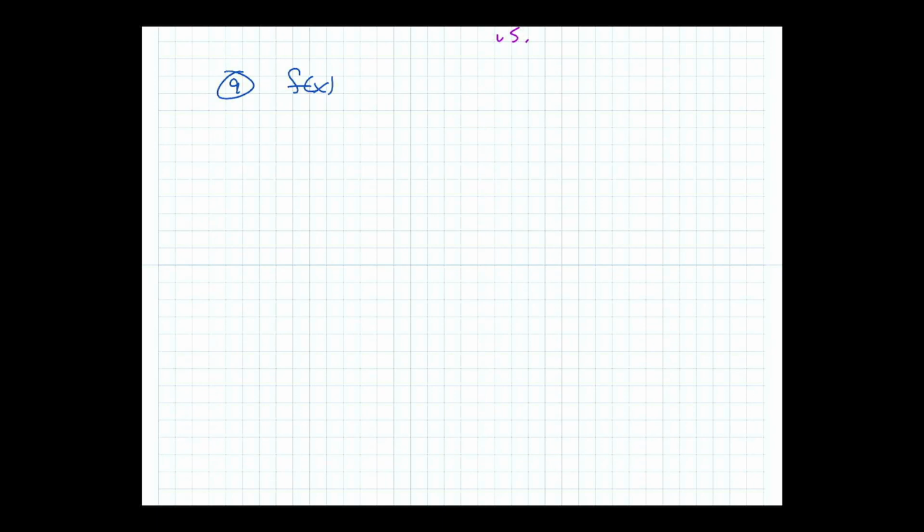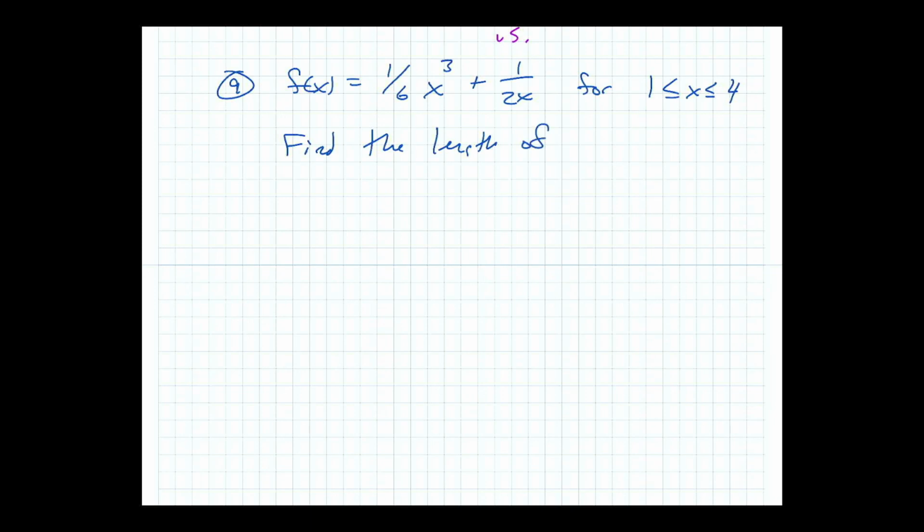All right, so f of x is 1/6 x to the 3 plus 1 over 2x, for 1 less than x less than 4, right? And then what we want is to find the length of the curve. So it's the same problem as the previous one, but a different curve.